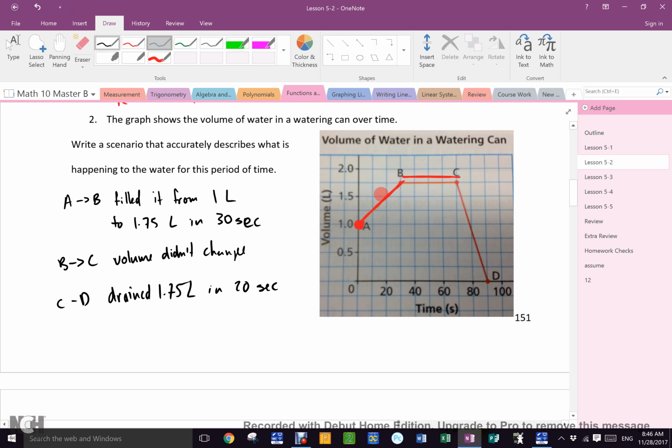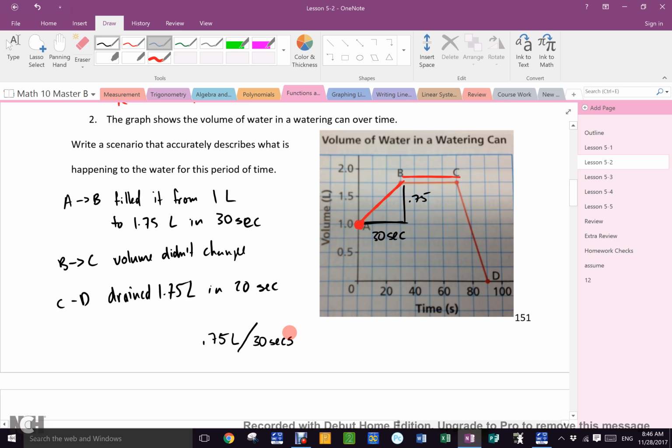I went up 0.75 of a liter in 30 seconds. Yes? It'll show up in a sec. There we go. So what happened there? I went up 0.75 liters per 30 seconds.